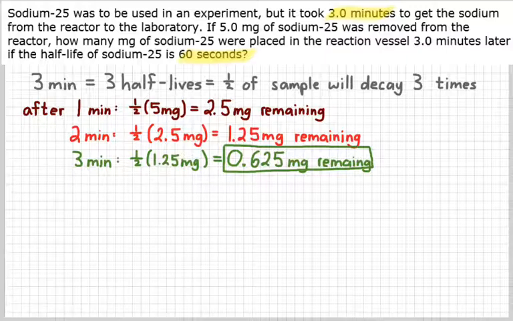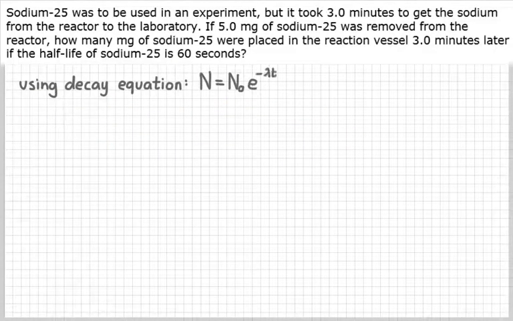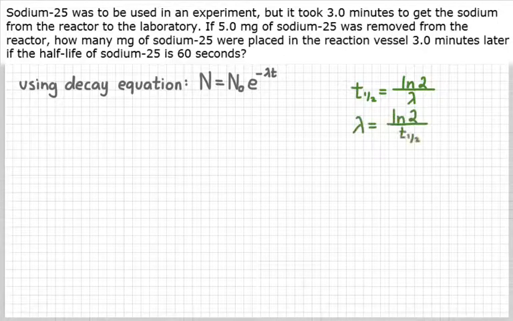So that's relatively straightforward. We can do things like create a table to keep track of these things as time progresses. Now, the little more mathy way to do it is to use the decay equation. Since I know the half-life is related to the decay constant, I can use that equation to calculate lambda, the decay constant.